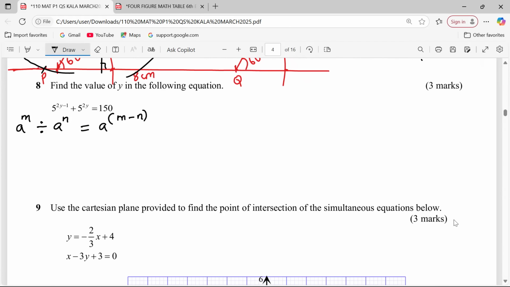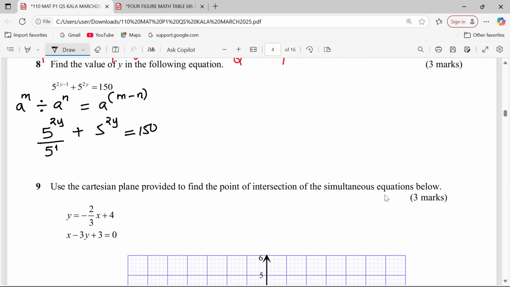So we shall apply that in the first term of this equation, such that 5 is raised to power 2y minus 1 means 5 power 2y divided by 5 power 1. That is why at the end of the day we are having 5 and the powers subtracted, plus 5 power 2y equals 150.